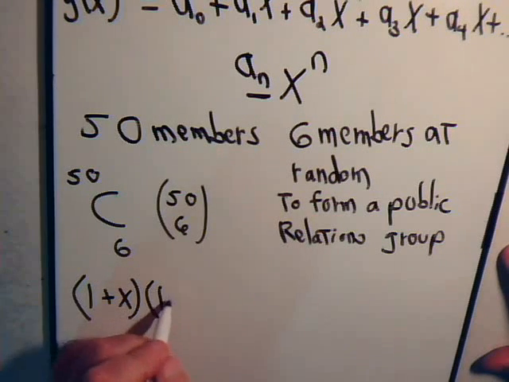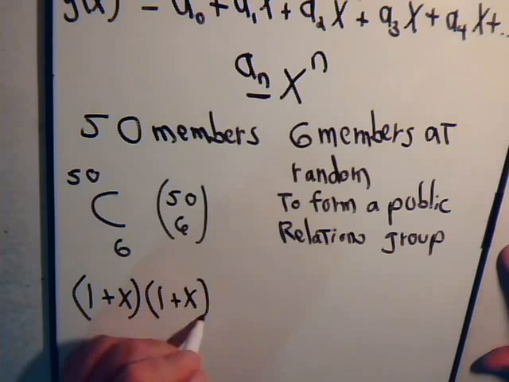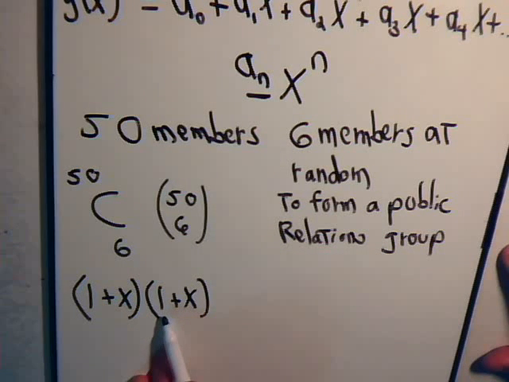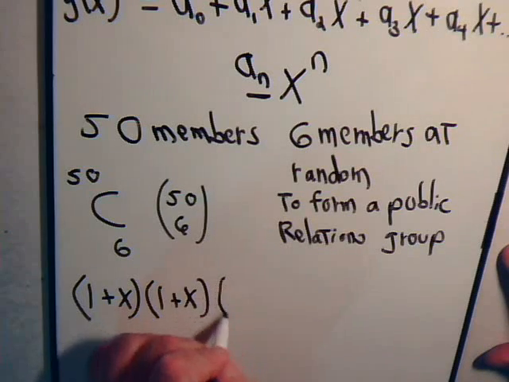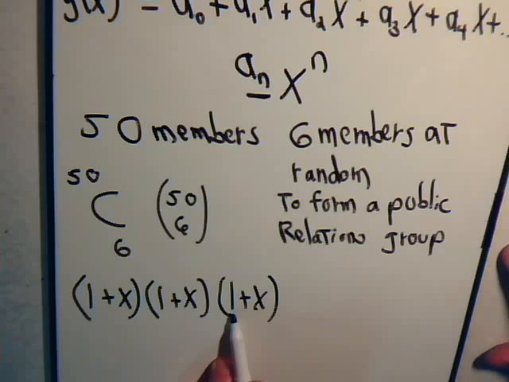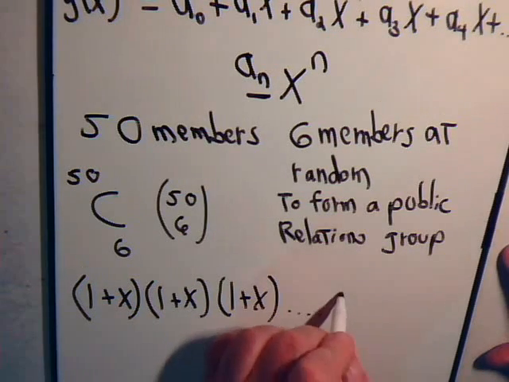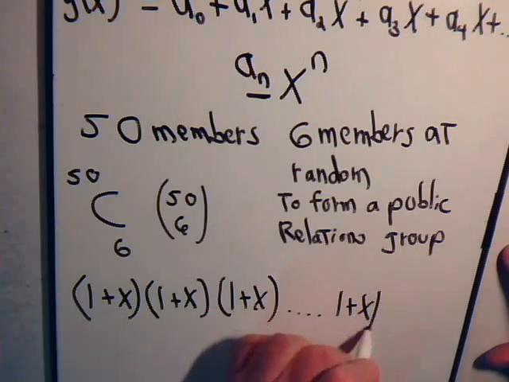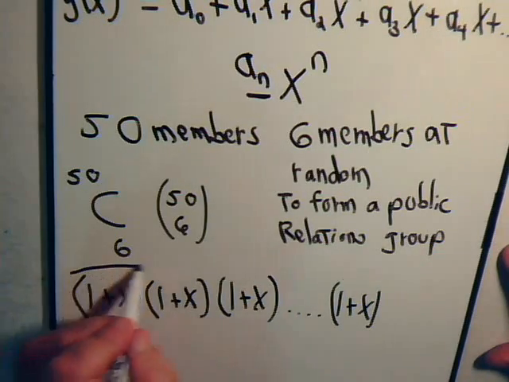The next individual, same rule applies. The next individual may not be chosen, or they might be chosen once. Same thing for the next individual. May not be chosen, or might be chosen once. And we would do this then for all 50 of them.